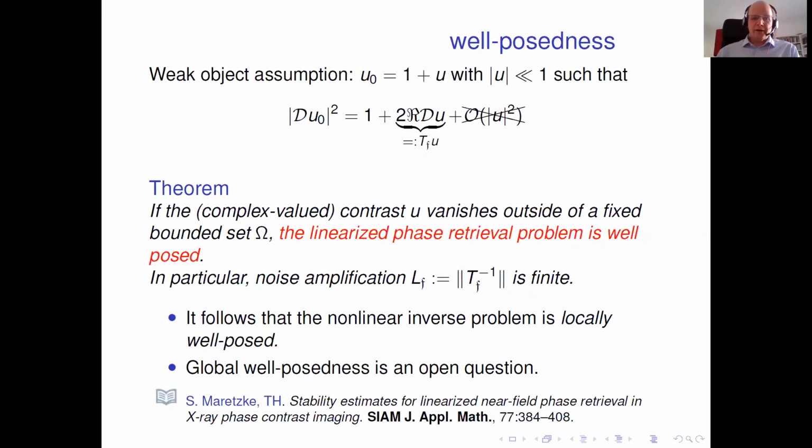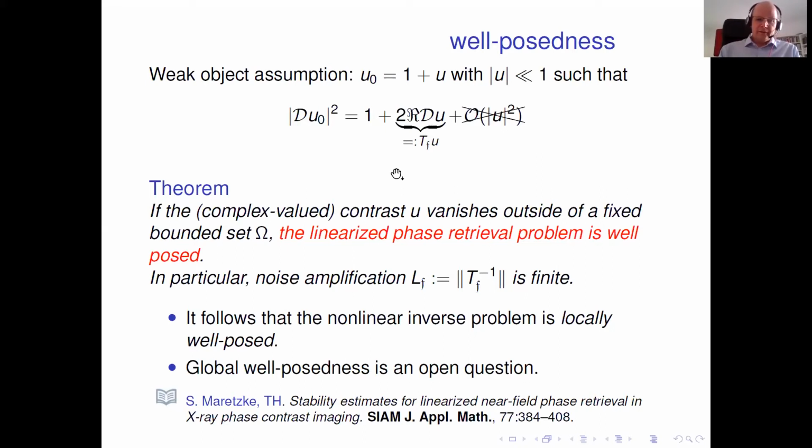So we're going to study the stability of the linearized problem, and we linearize around a constant refractive index, constant exit wave. So then, we can expand this absolute value squared, ignore the quadratic term, and the two linear terms give the real part of the Fresnel transform of U0. So it should be a 0 here.